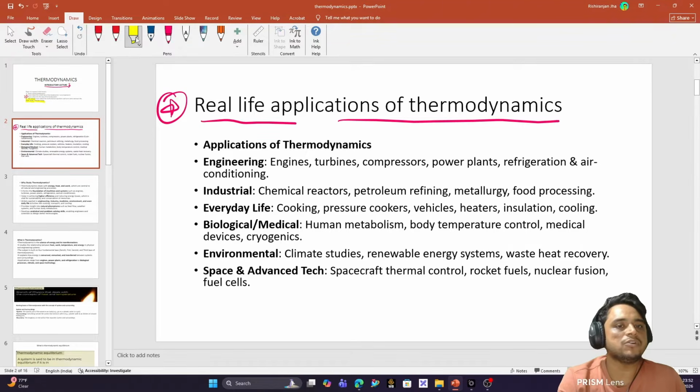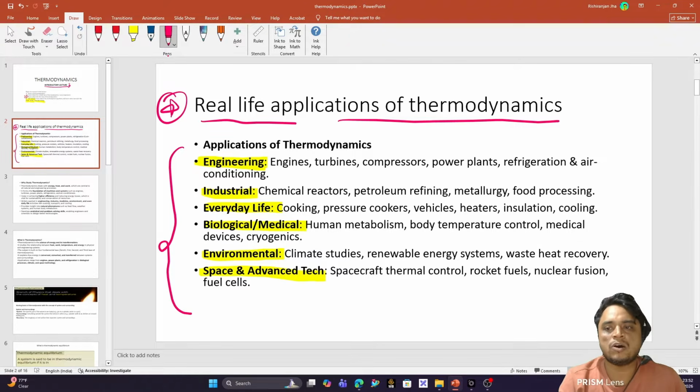It has major application in engineering, industry, everyday life, biological and medical devices, the environment, space and advanced technology.